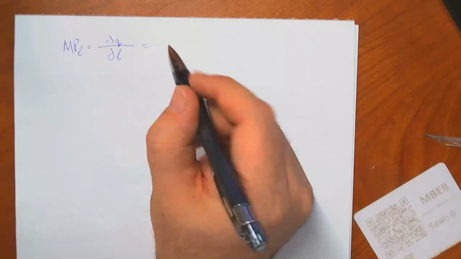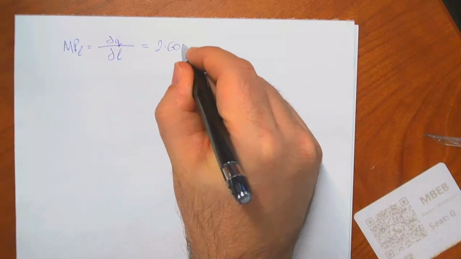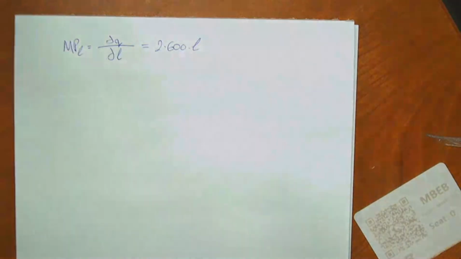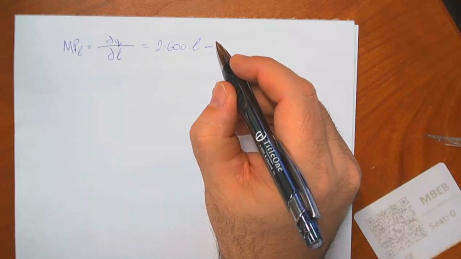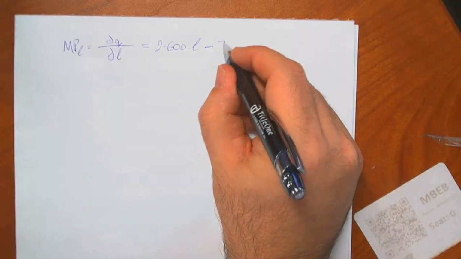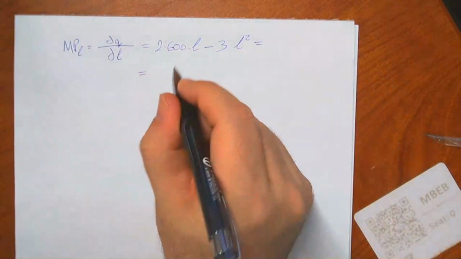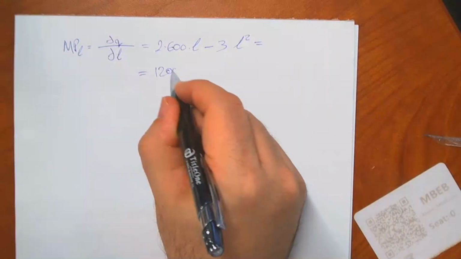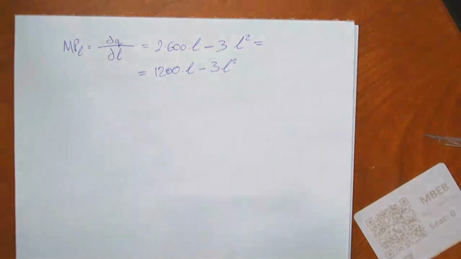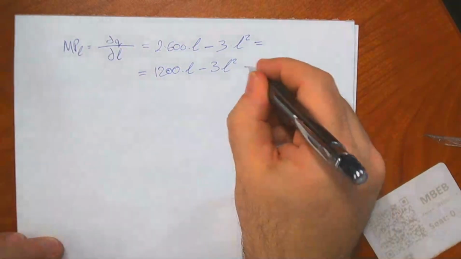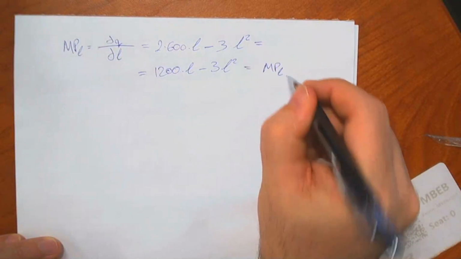If you take a derivative with respect to L, it's going to be 2 times 600 times L. And then you have L to the power of 3, so that derivative with respect to L is going to be 3 times L squared. Does that make sense? So this is going to be 1,200 times L minus 3 L to the power of 2. That is what we're going to call the marginal product of labor.